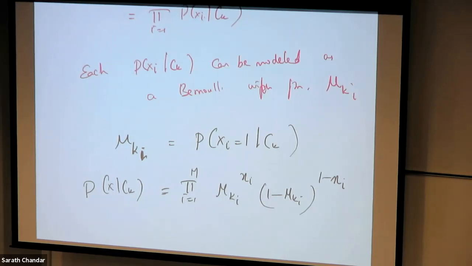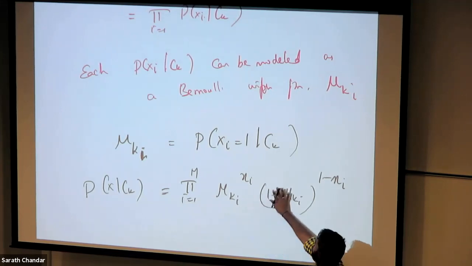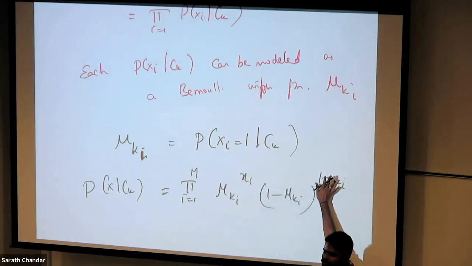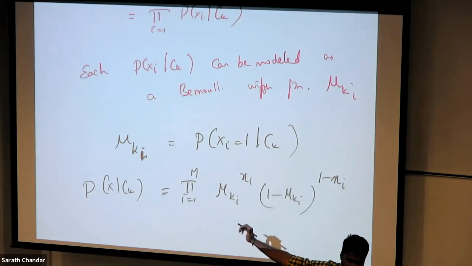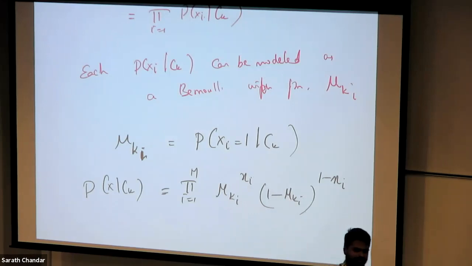Now this is very similar to what we have seen before. When xi is equal to 1, the probability is given by mu ki, because the other term disappears. Similarly, when xi is equal to 0, the probability is given by 1 minus mu ki. Okay, now this is my P of X given CK.